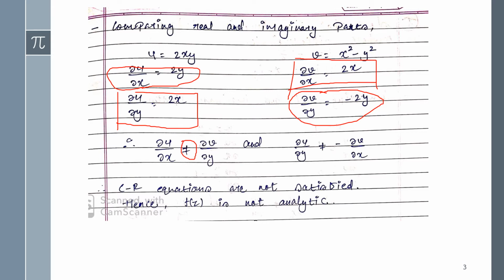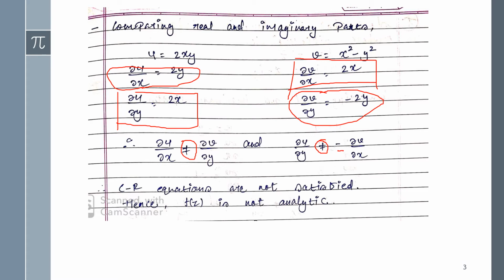So you can check here, it's given 2x and here it will be minus 2x, so of course again it will not be similar. So these both conditions are not fulfilled. The CR equations are not satisfied, so the given function f of z is not analytic.